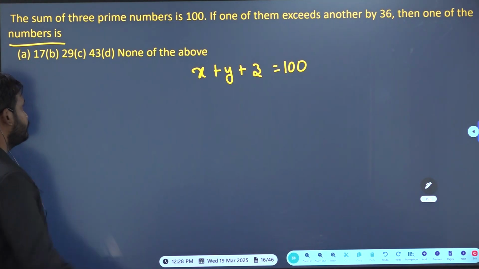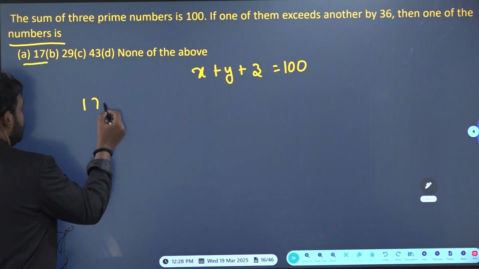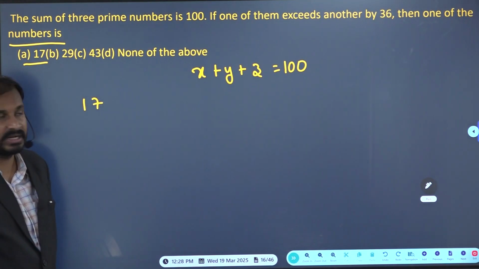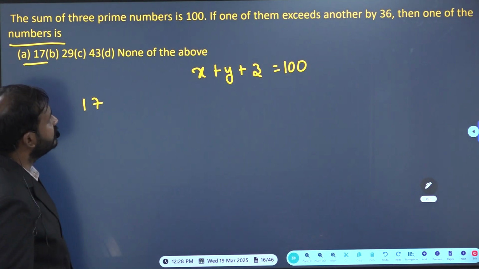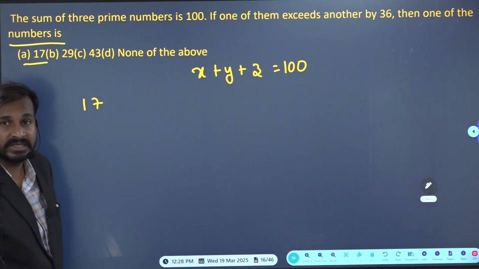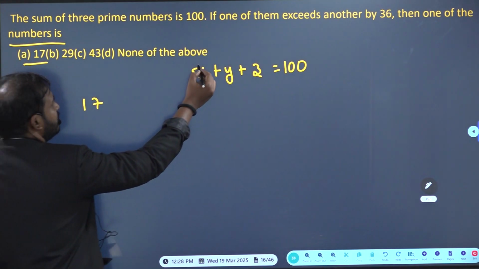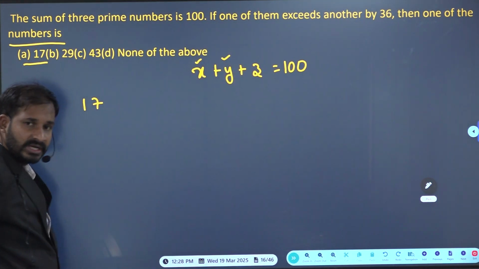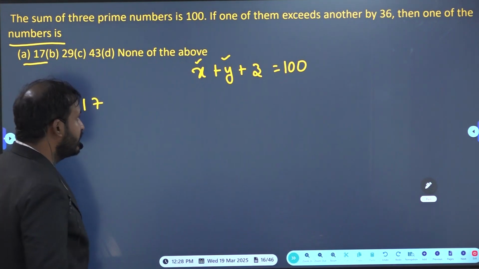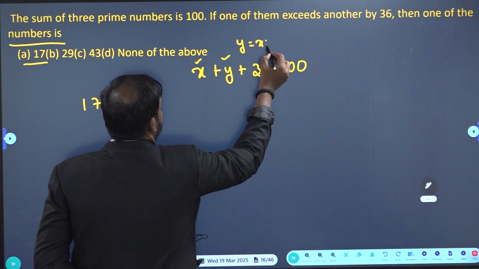For example, if I take one number as 17, what they are telling is one of them exceeds another one by 36. So for instance I will think that x and y have that relation between them. That means y is equal to x plus 36.